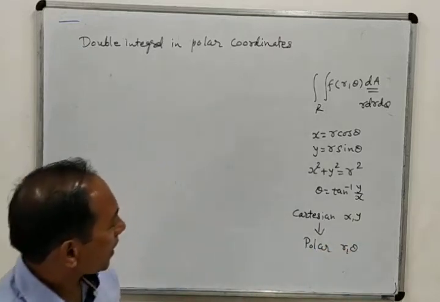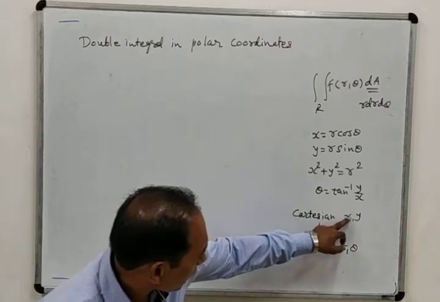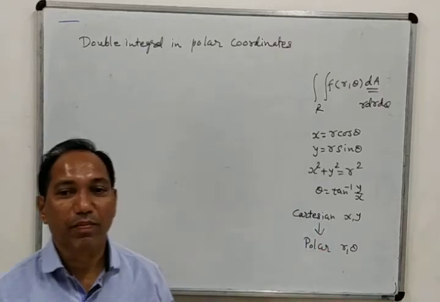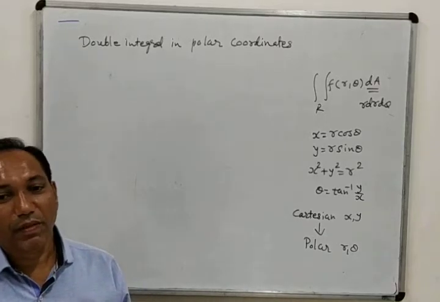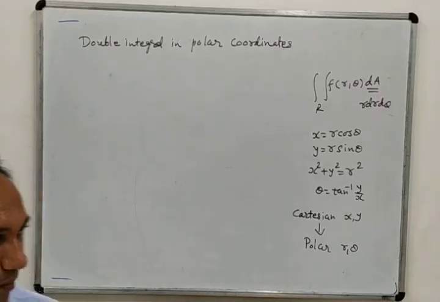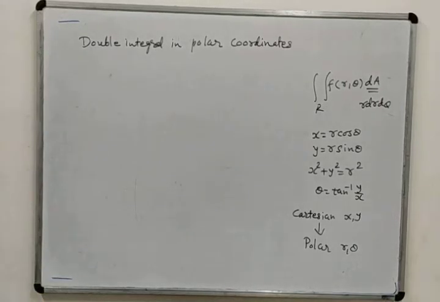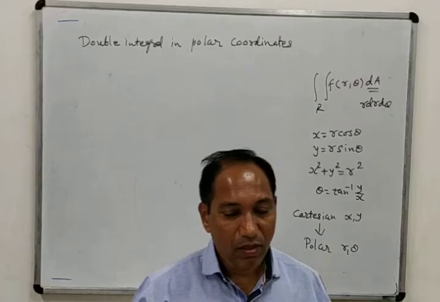So we will see examples given in x and y which can be converted in terms of r and theta, so that the solving process becomes very simple, because sometimes examples given in Cartesian coordinates become very difficult to solve. Instead, there exist some examples which can be solved easily by using polar coordinates.